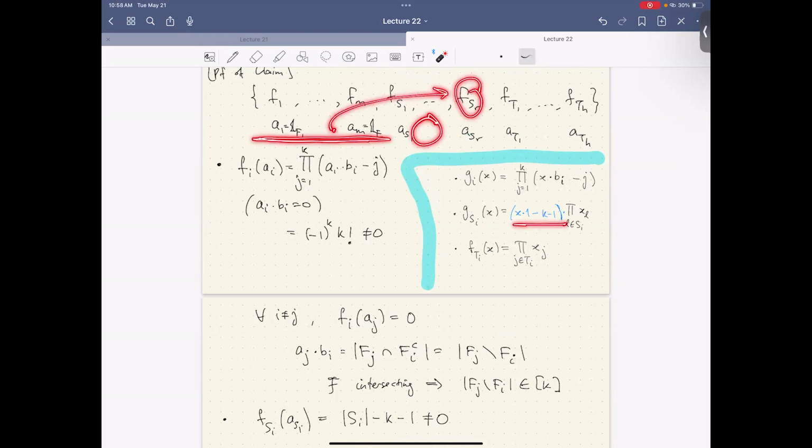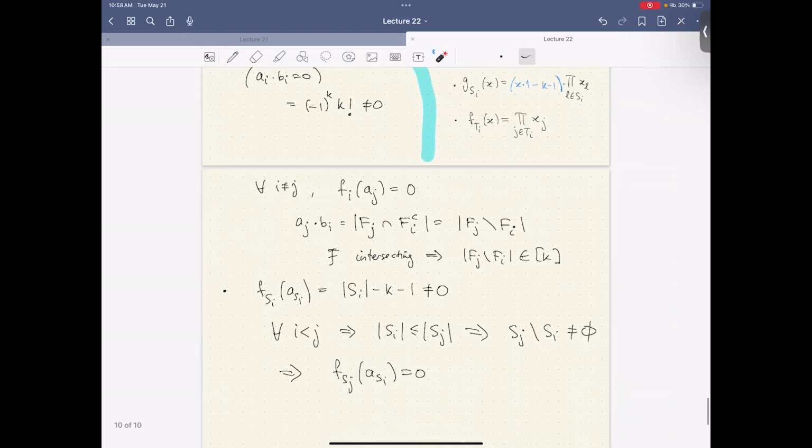This point is where this blue factor comes into play. Now, for every Ai, which is the characteristic vector of Fi, let's look at F_{Sj}(Ai). Well, we don't even care about what happened here. Just look at here. This equals the size of Fi minus k minus 1. The size of Fi is k plus 1. So the blue factor becomes 0.